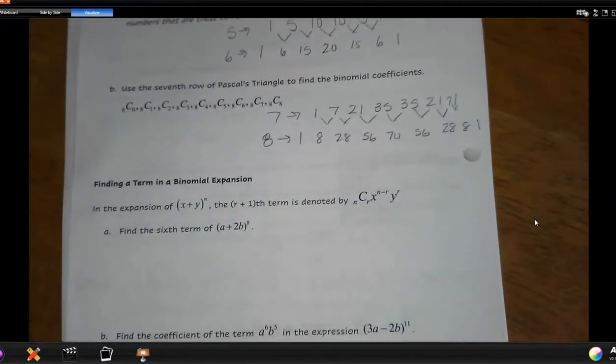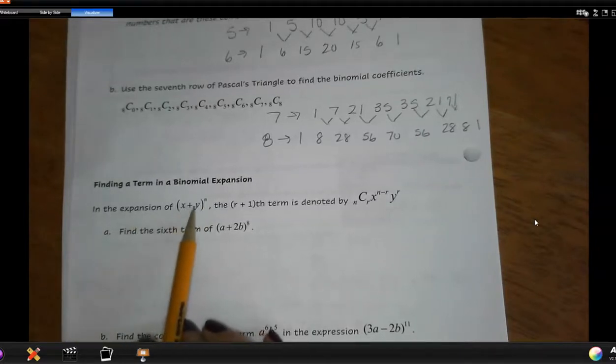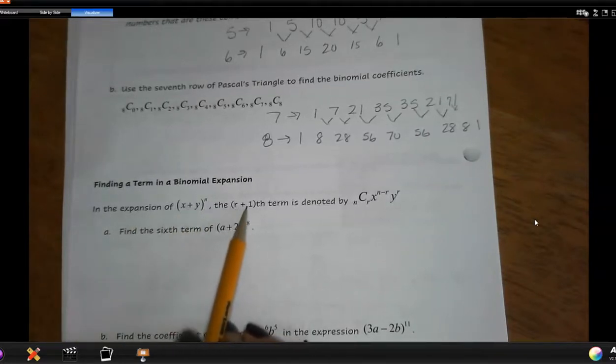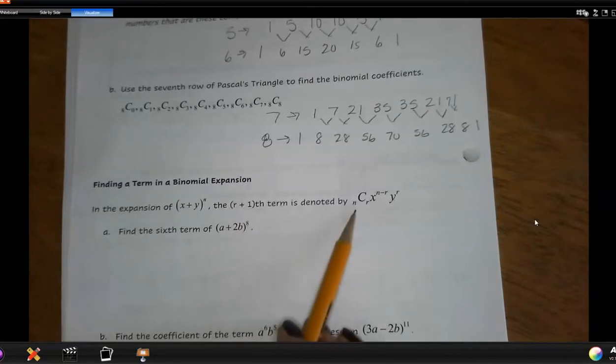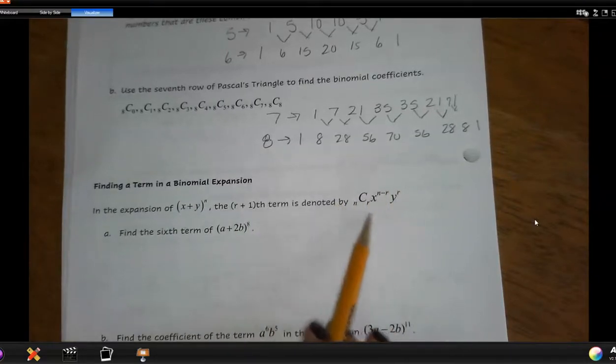And then if you're asked to find a term in a binomial expansion, so in the expansion of x plus y to the nth power, the r plus 1 term is denoted by this kind of weird little formula.